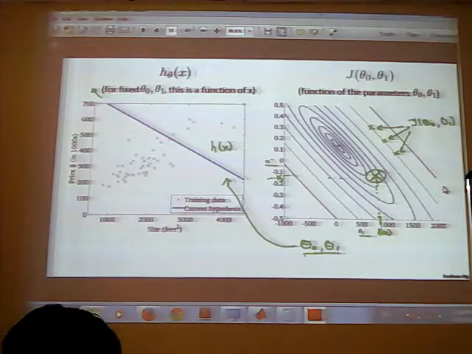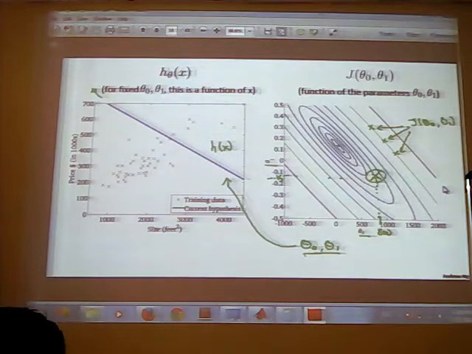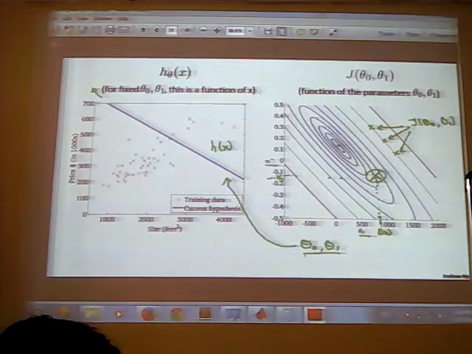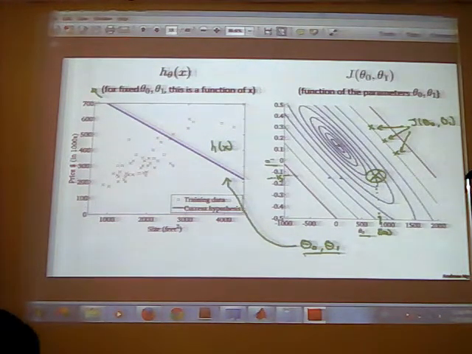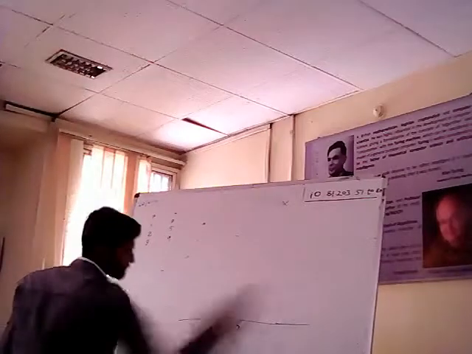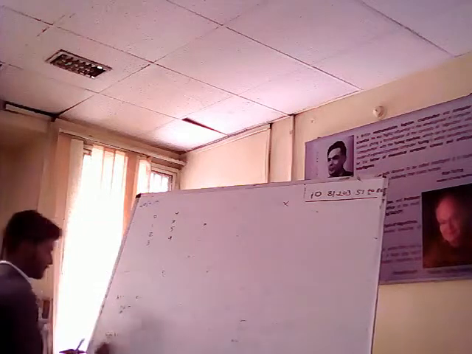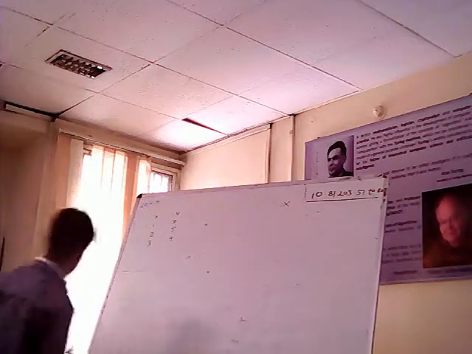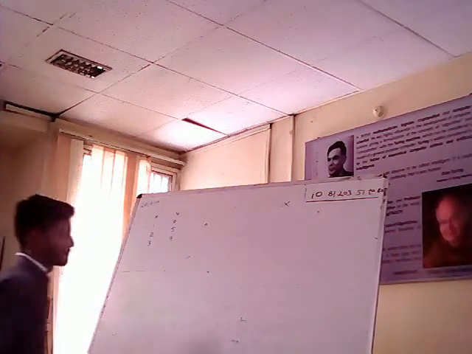For only one parameter theta 1, J of theta was a bow shaped function, and if you have two parameters, theta 0, theta 1, and J of theta 0, theta 1, we have a 3D plot.